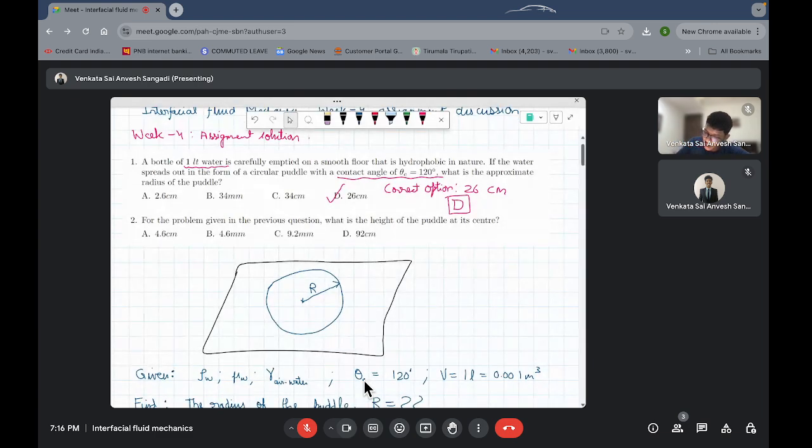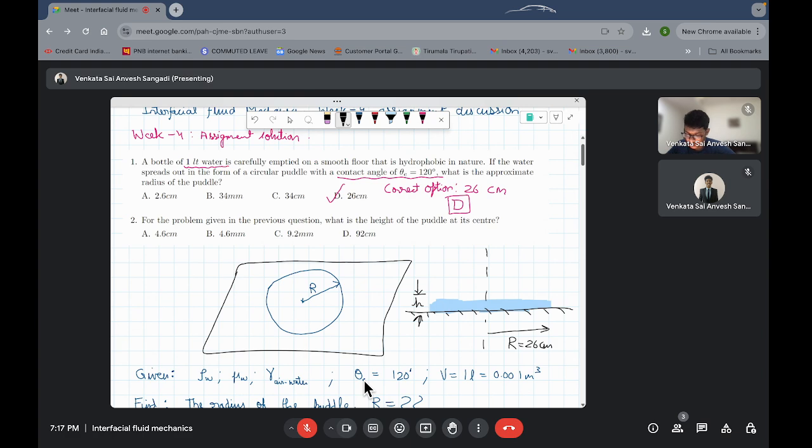If we now look at the side view, it is asked what is the height of the puddle edge.